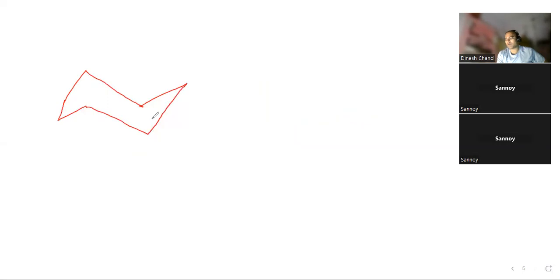This is the boat form and the chair form of cyclohexane. Cyclohexane is found in two forms: one is the boat form, another is the chair form. This structure is the chair form. What is the boat form if you are writing? Boat form is something like that.